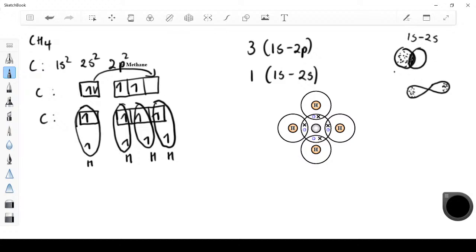So this region will have relatively a weaker overlapping. This is because of the uniform electron distribution within the s orbital. But when you take 2p and 1s, since the electron density is more towards the edges of the p orbital, the bonding is much stronger.